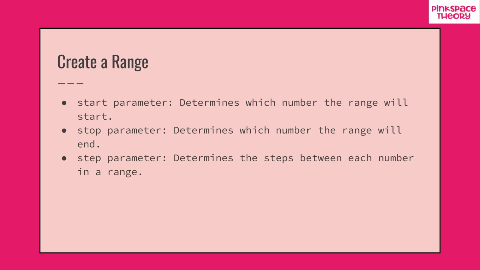Some examples to better understand this are that having a range with a step parameter of 1 that goes from 0 to 6 would give 0, 1, 2, 3, 4, 5. It adds 1 to each number to get the next number.